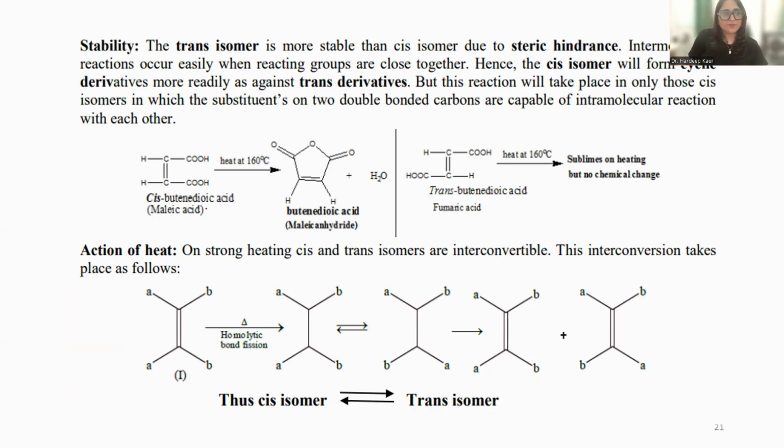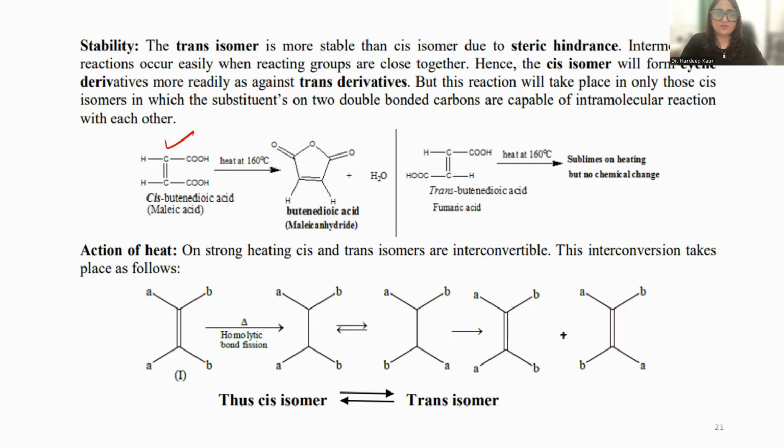Here you can say this is a test: when you heat the cis isomer at 160 degrees, it changes into maleic anhydride. In trans, fumaric acid, they sublime on heating, but no chemical change occurs. They are stable. So the action of heat is required here.